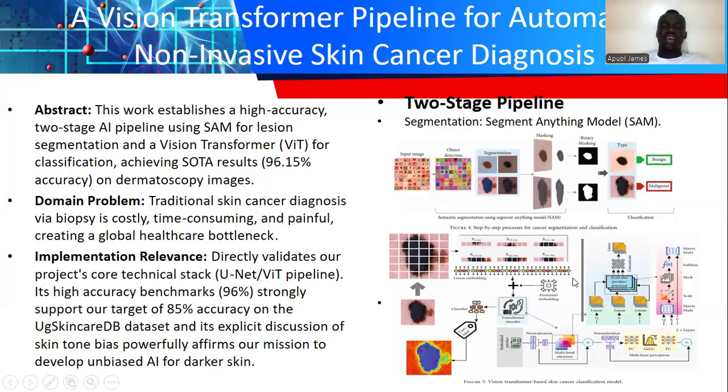So the classification part comes down here, classifying the detected skin into its classes, which are produced at the end through its multi-layer perceptron. So that is now for this paper.